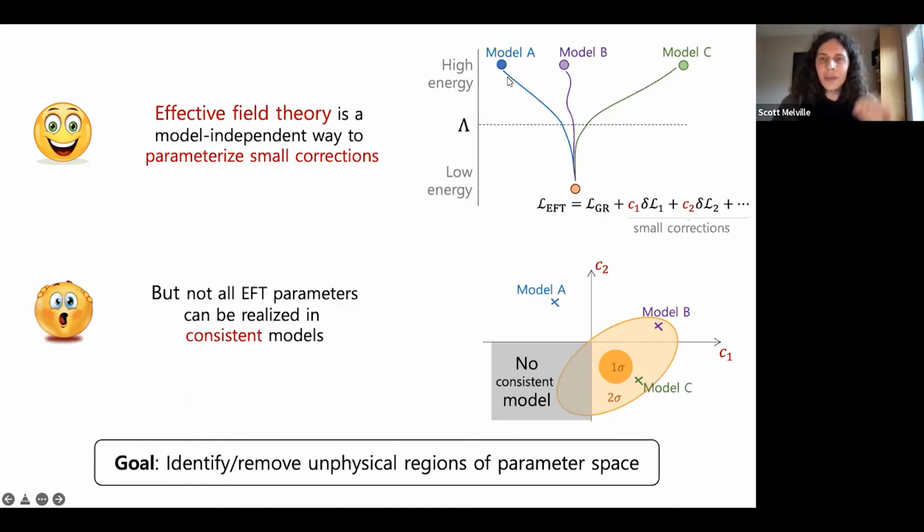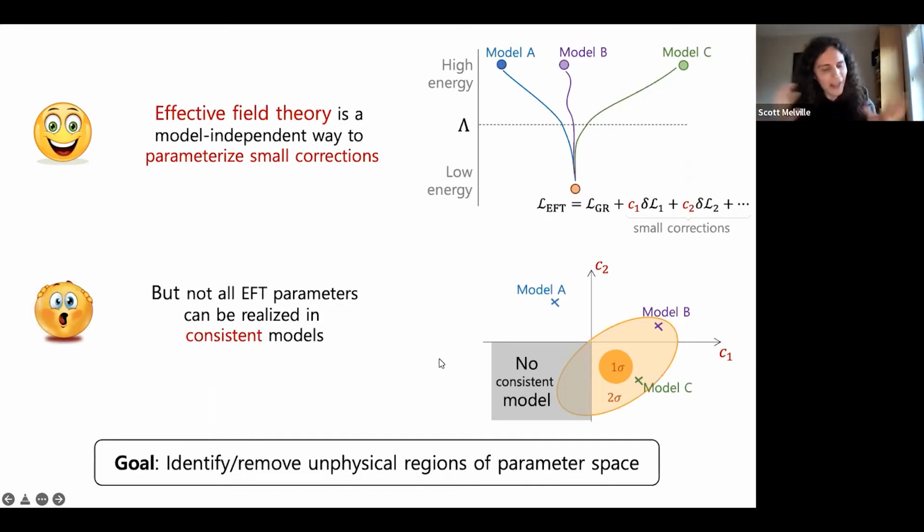What that means is if you keep playing this game, if you keep starting from different high energy theories and look at where you land at low energies, there are some places you will just never land. There are some regions in parameter space that are secretly unphysical. They might look like perfectly sensible low energy expansions, but when you actually try and go to high energies, you'll find that there's some obstruction or some obstacle that prevents you from doing that.